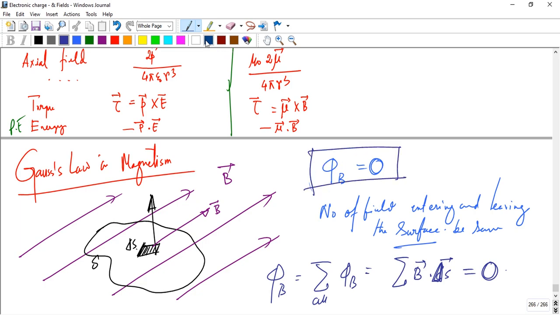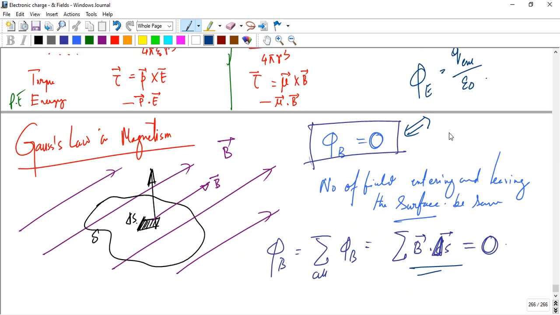And just remember that in Gauss's law for electrostatics, phi E is equal to q, the charge enclosed by the surface, by epsilon naught. Here the difference is that phi B is 0.